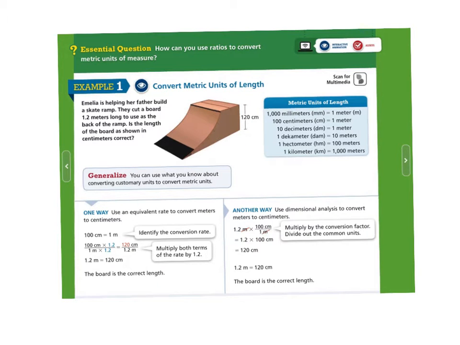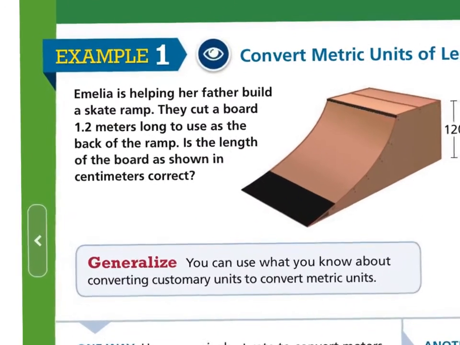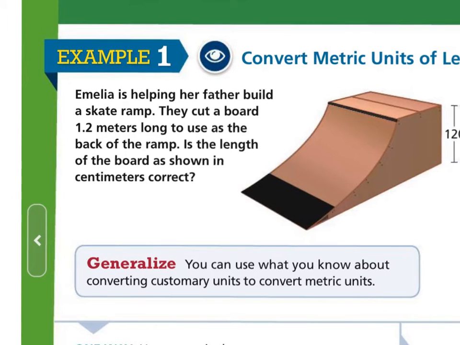So if you look at example 1, Amelia is helping her father build a skate ramp. They cut a board 1.2 meters long to use as the back of the ramp. Is the length of the board as shown in centimeters correct?